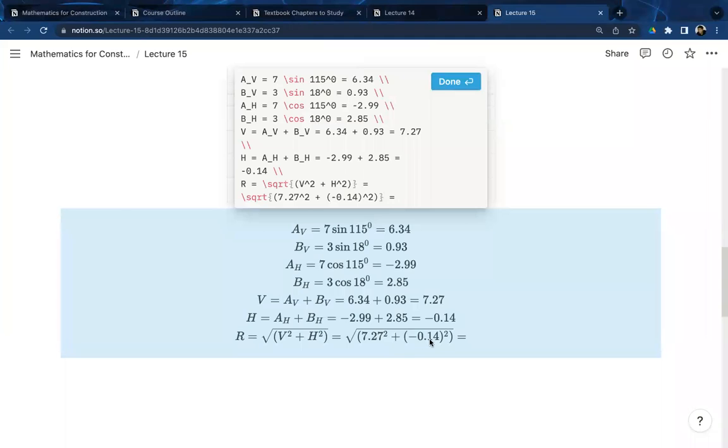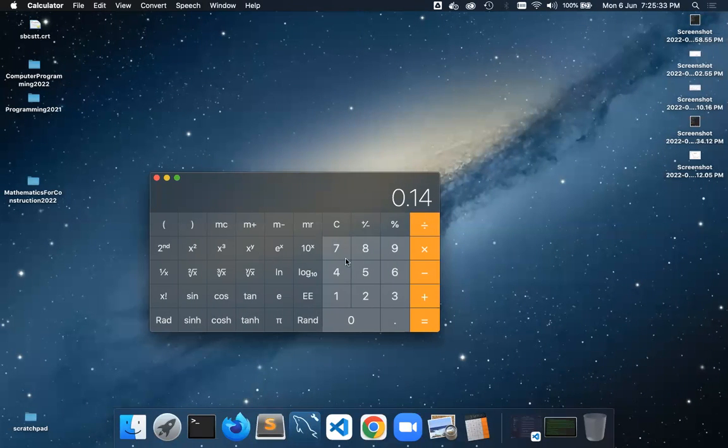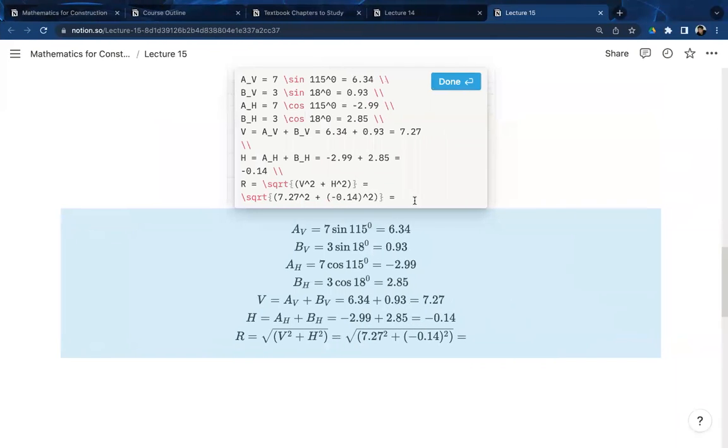So it doesn't matter if this is negative. So let me see. 7.27 squared plus 0.14 squared equals 52.8725, right?